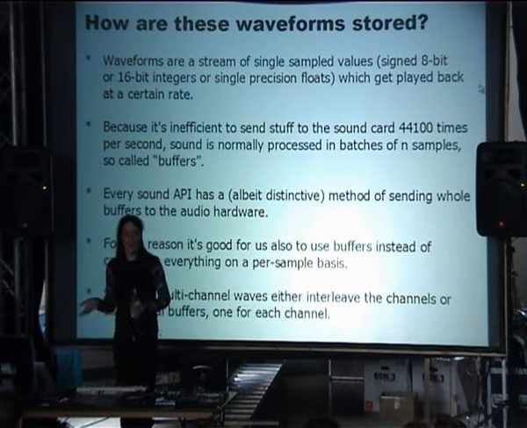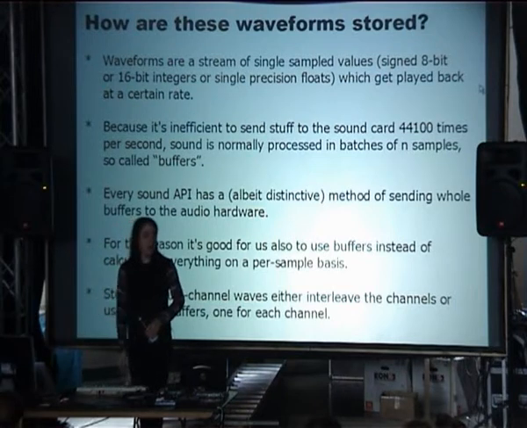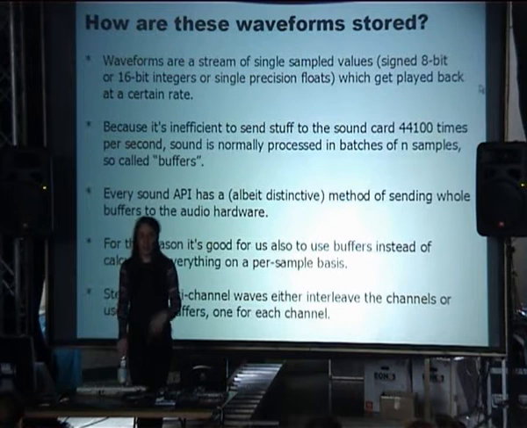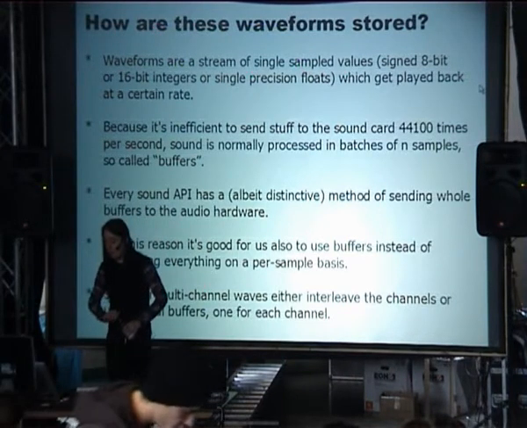So it's easier to take small buffers which completely fit into the CPU cache and then apply short sequences of code, so single modules, on the whole buffers. So it's quite a bit faster. And every sound API has a method of sending whole buffers. There are no sound APIs which work like OpenGL, like a GL sample call or something like that. You always send whole buffers of whatever amount of samples to your operating system.